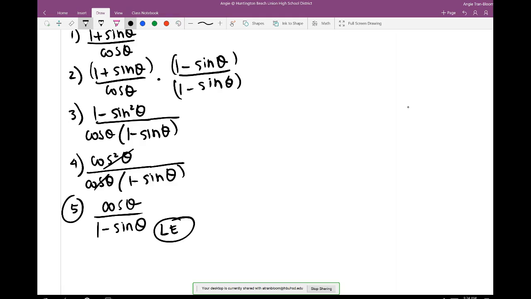Last 2 of 7.4 notes. So I'm looking for 2 steps minimum. If you can go more, that'd be awesome.